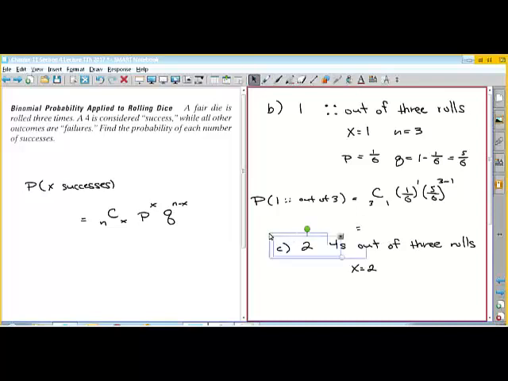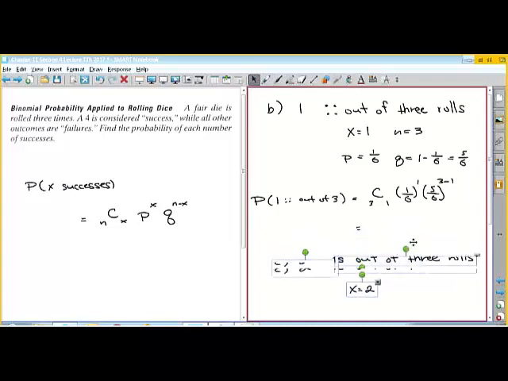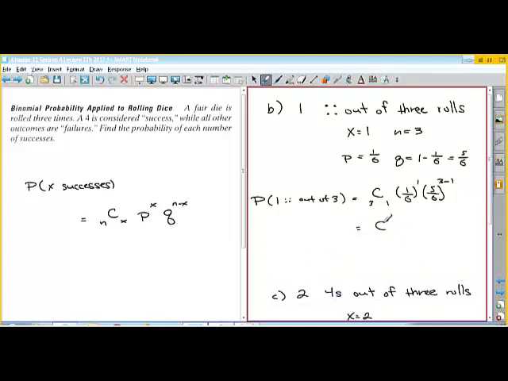So let me move this one down a little bit. We're going to have 1/6 to the first power, and 3 minus 1 is 2. So you get 5/6 to the second power. Second power, not 5th power.